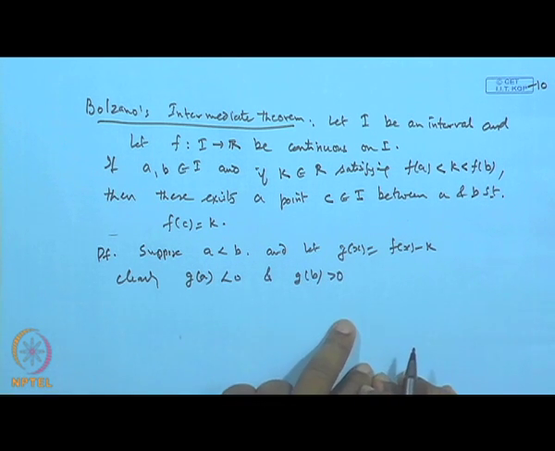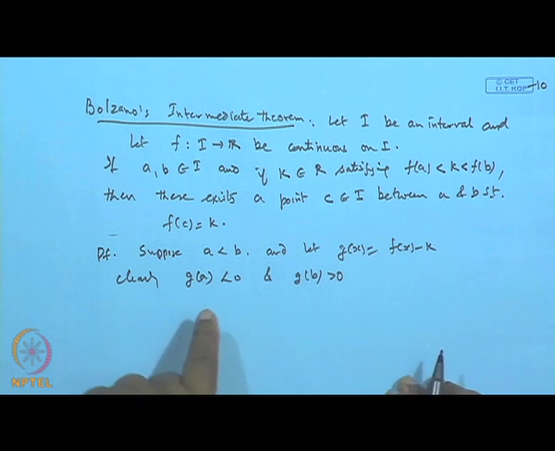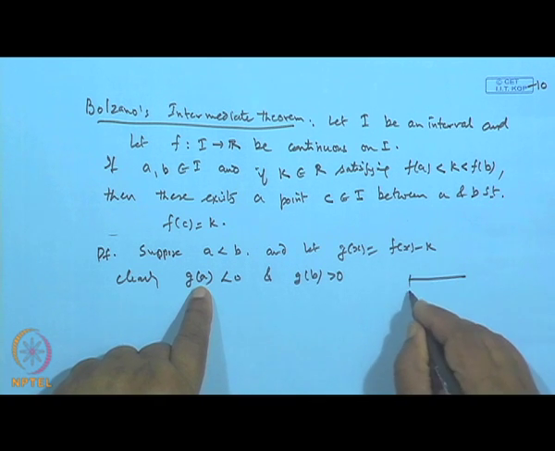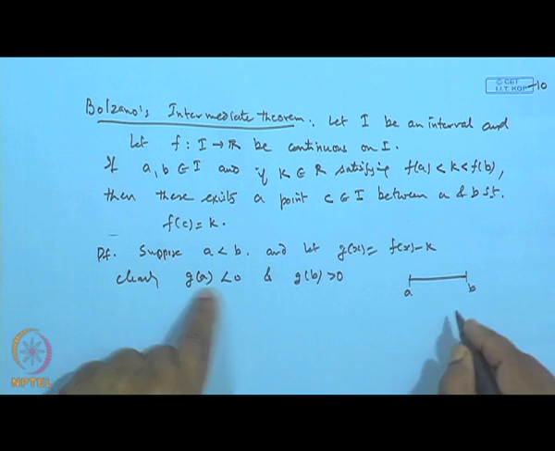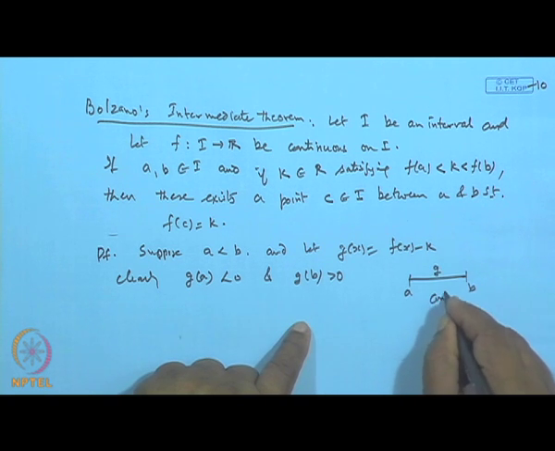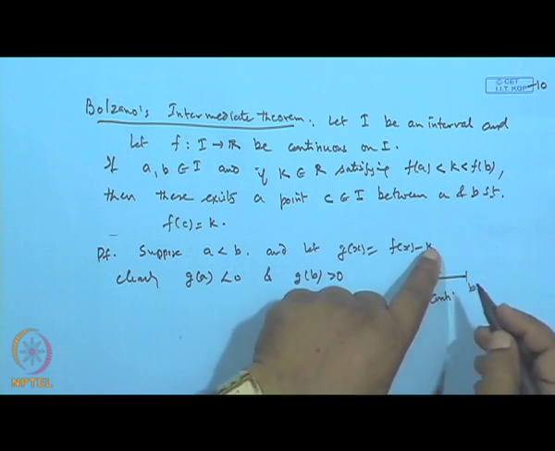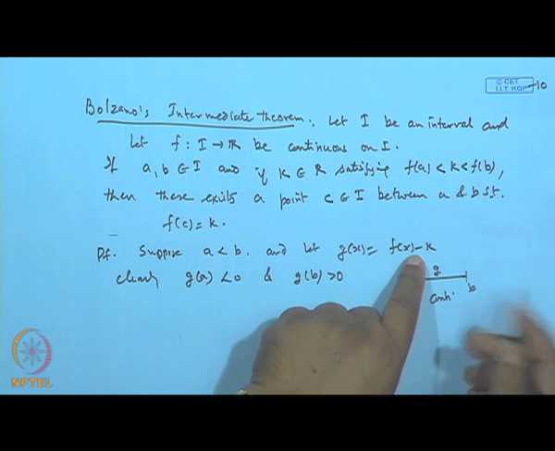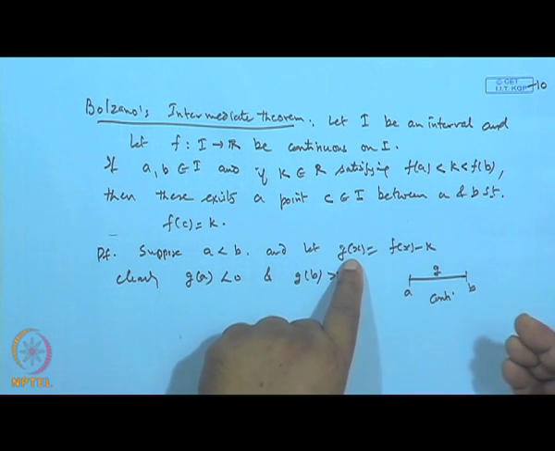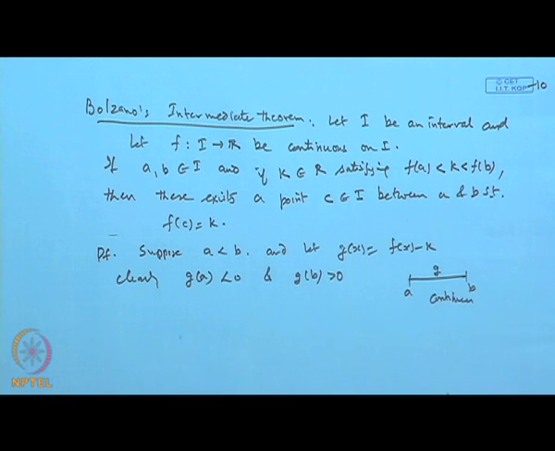So this function g has a negative value at the point a and a positive value at the point b. g is a continuous function because f is continuous and k is constant. Addition or subtraction of continuous functions is continuous. So, g is continuous over the interval [a, b].